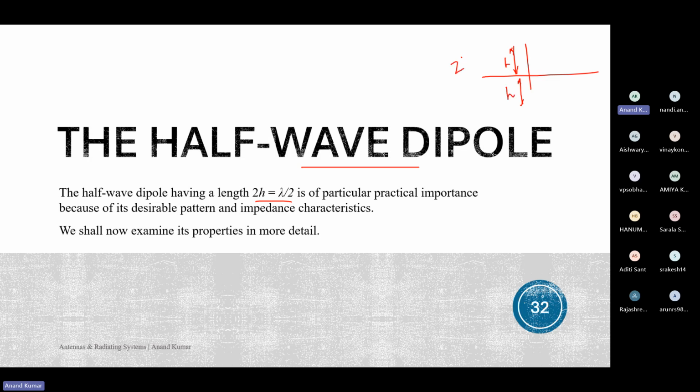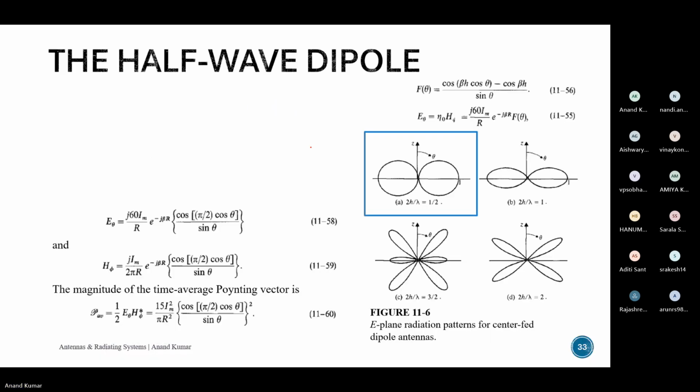So the total length was 2h, and now this 2h is equal to half a wavelength, which is lambda by 2. We'll examine the properties of a half-wave dipole in greater detail, because this is one of the more popular antennas for study and application as well.